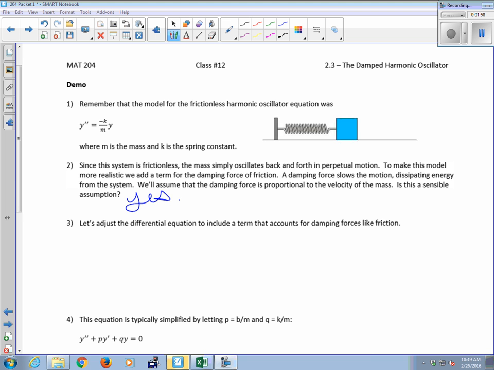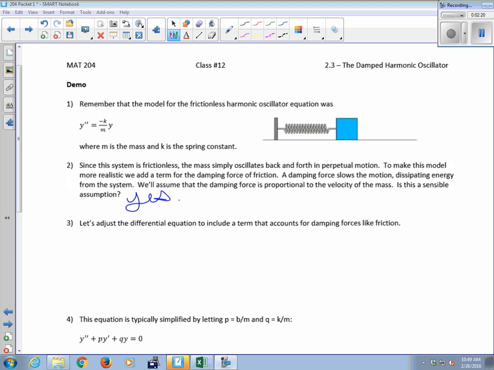Okay. So if y is position, how do I represent velocity? dy dt or y prime. Yep. So if I'm going to make a term that's proportional to velocity, I need a constant of proportionality, which we'll call b, and I put that with a y prime for velocity.